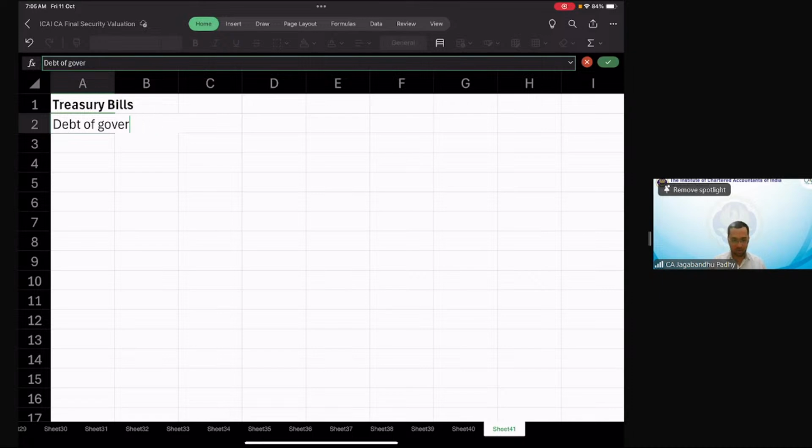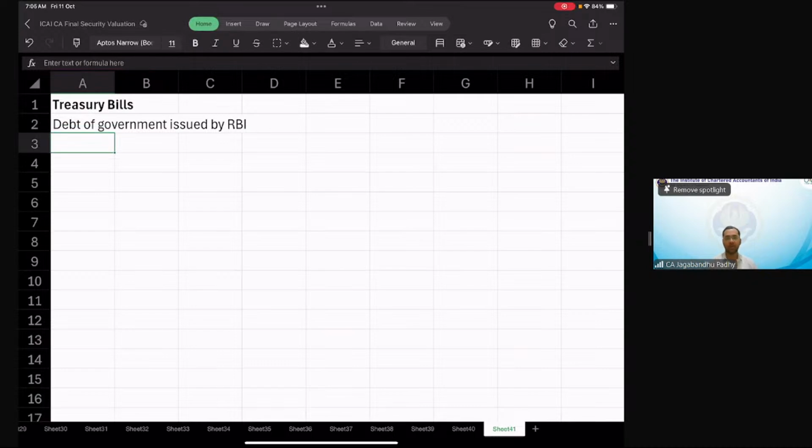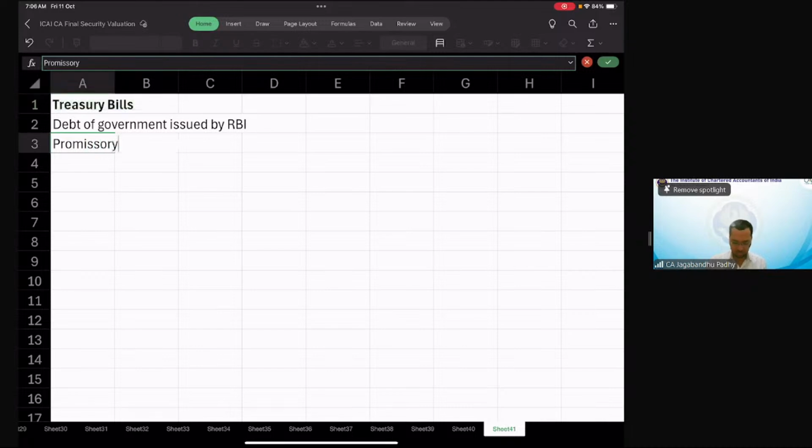Okay, these are the debt of government issued by RBI. So Reserve Bank of India sells the treasury bills on behalf of the government by way of an auction. Okay, now these are nothing but promissory notes issued by Government of India.